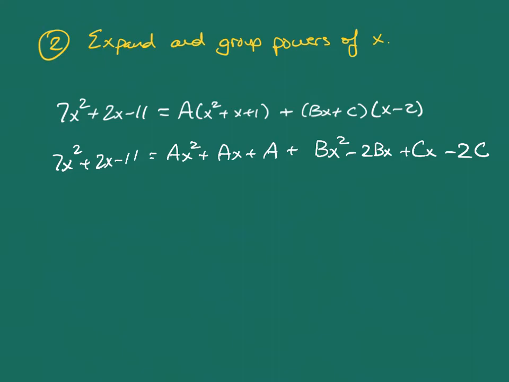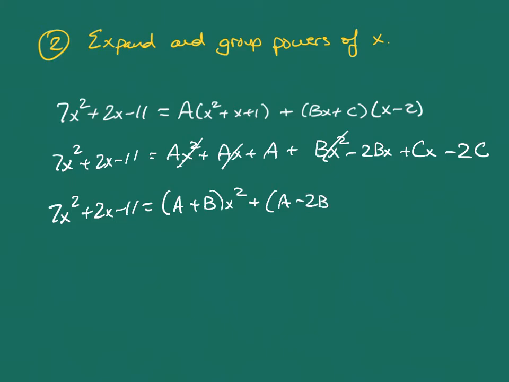Now, if we group our powers of x, for our x squareds, we've got an a and a b. For our x's, we've got an a, a minus 2b, and a c times our x's.